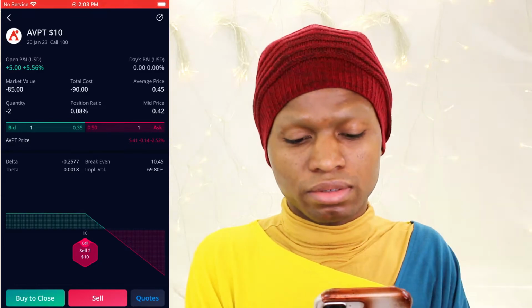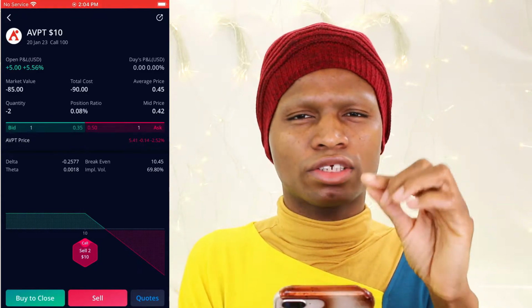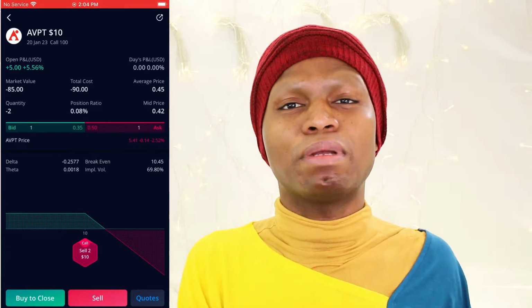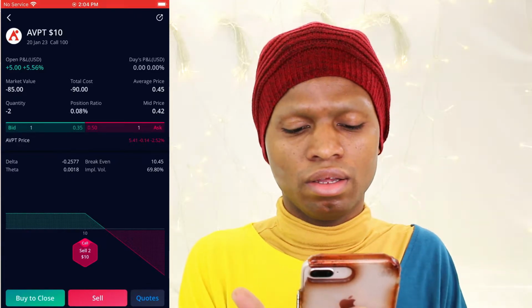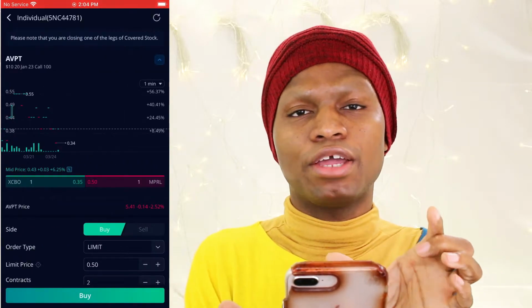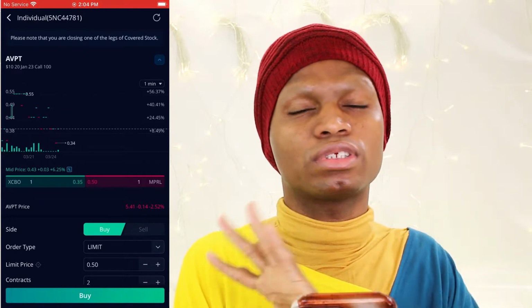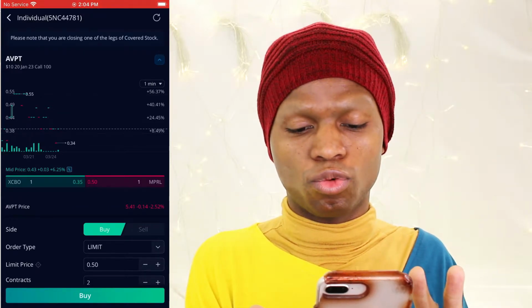Now in order to cancel that, when you see your stuff is just going higher, that means you're losing money when it's in the red, okay? So I would say buy to close. That is how you can cancel an unwanted option call or a put, okay?